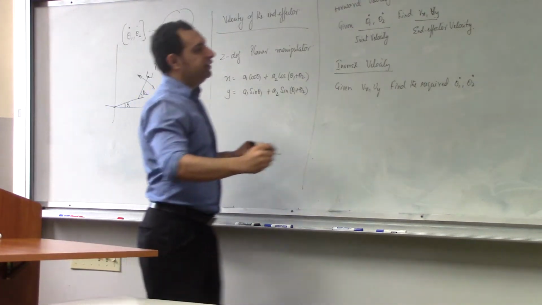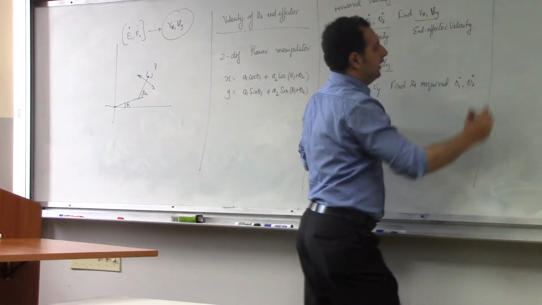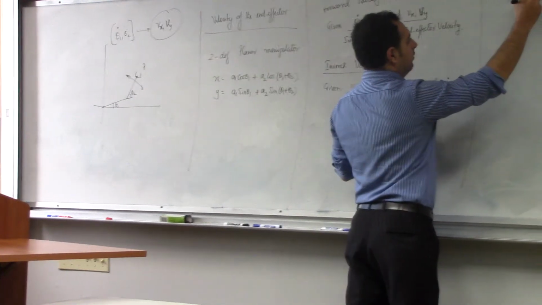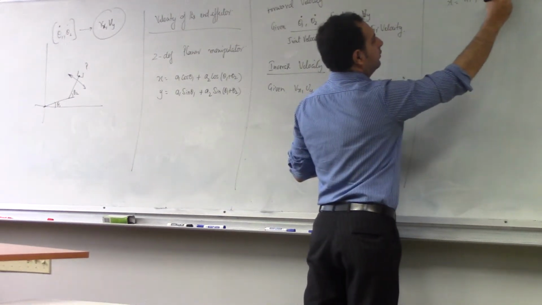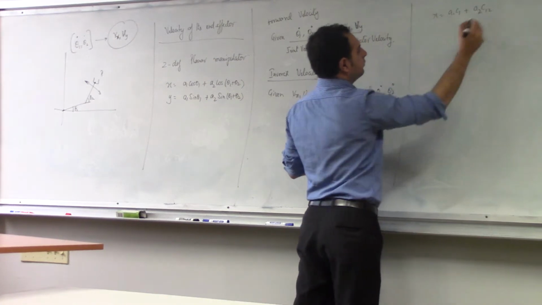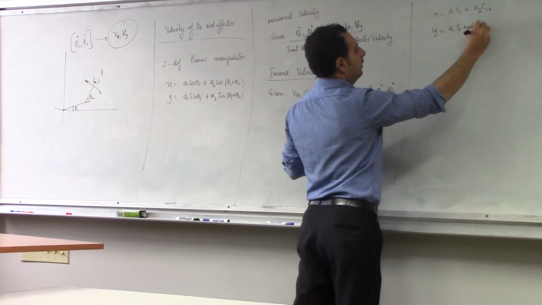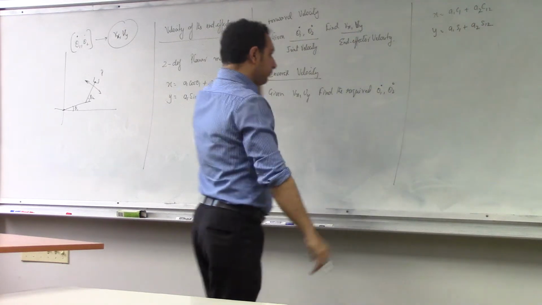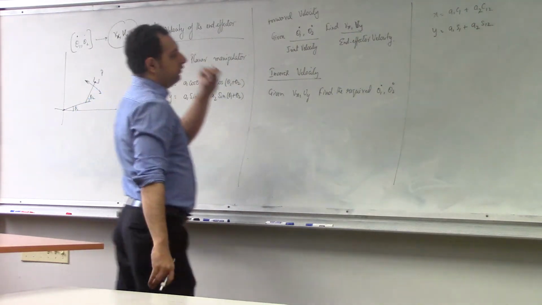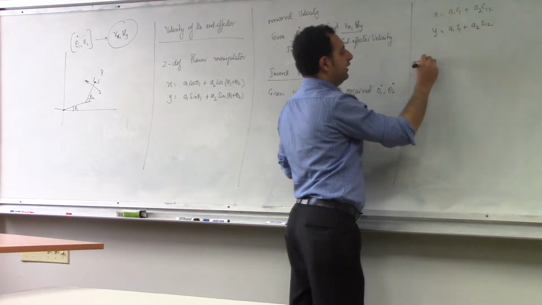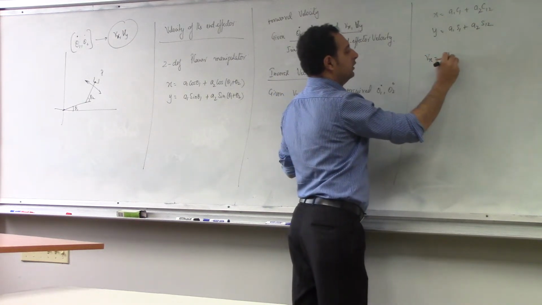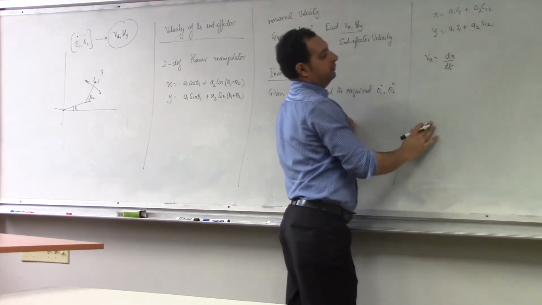So let's say I have x equal to a1 cos θ1 plus a2 cos θ1,2, and y equal to a1 sin θ1 plus a2 sin θ1,2. If I differentiate these two relations, Vx will be equal to dx by dt with respect to time.